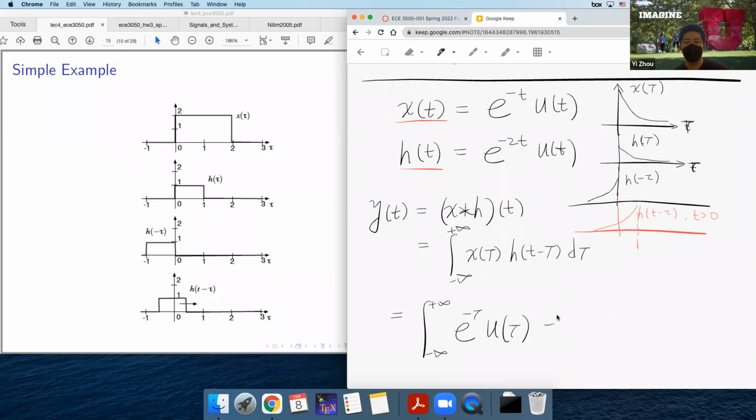So it's e to the power negative 2 times (t minus tau), times u(t minus tau) d tau.